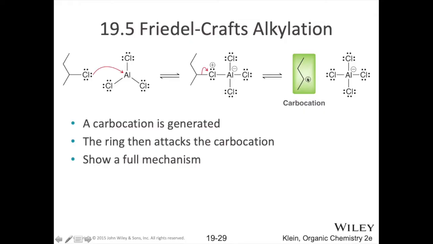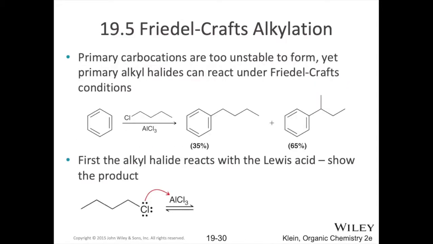This is going to be a much stronger electrophile, rather than just having the partial positive charge that we would have had from that chlorine alone. Of course this then attacks our ring, or the ring attacks that, if you draw the arrow going that way. And you have a sigma complex again, just like before.